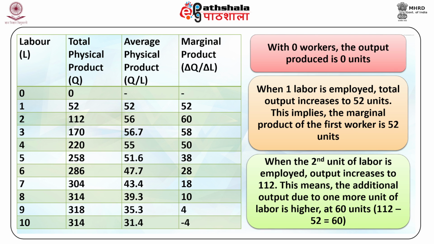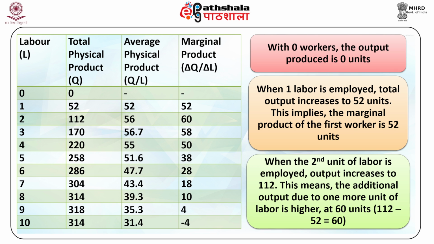We see that with 0 workers, the output produced is 0 units. When one labor is employed, total output increases to 52 units. This implies the marginal product of the first worker is 52 units. When the second unit of labor is employed, output increases to 112.